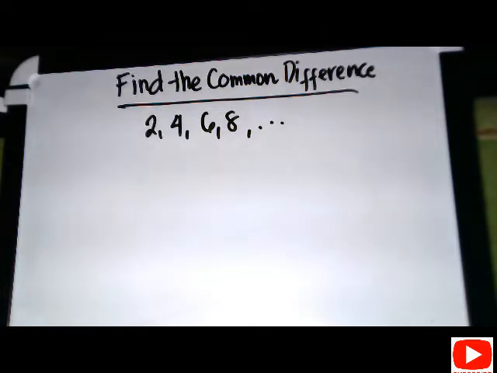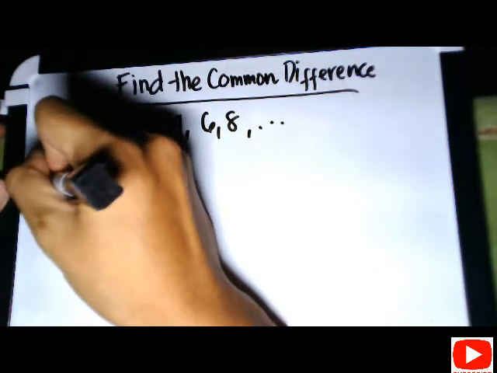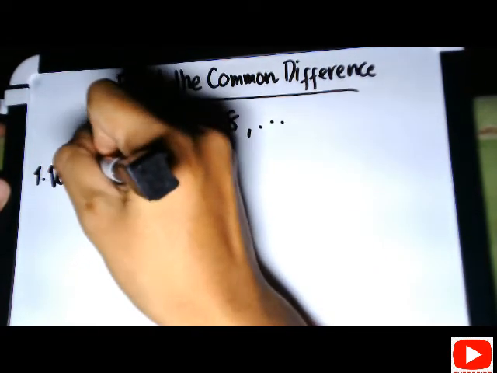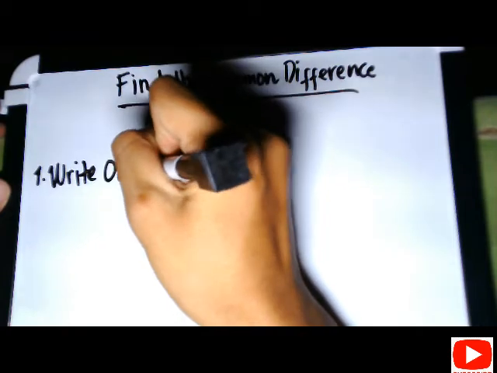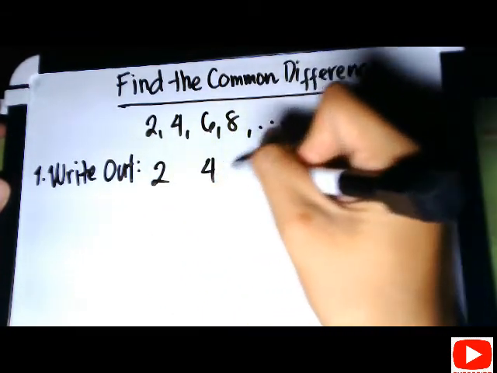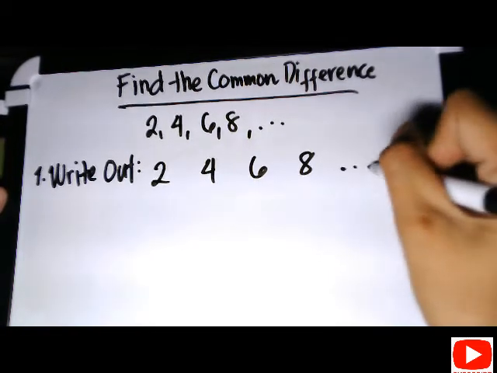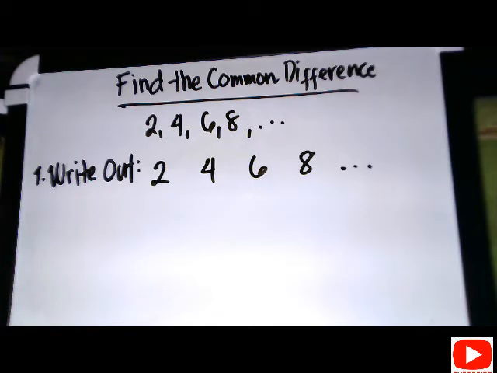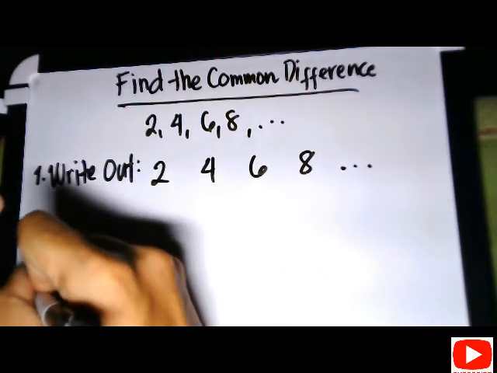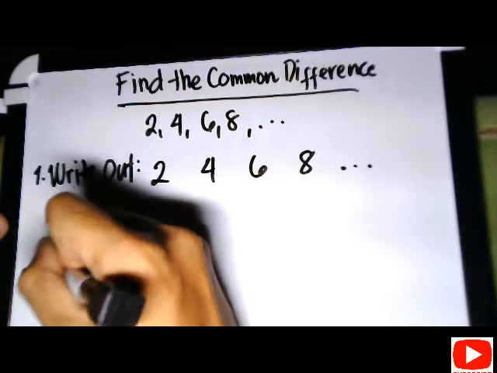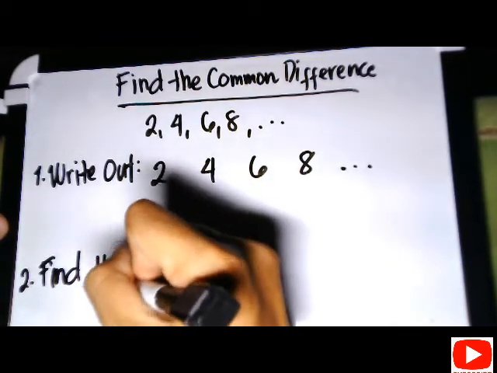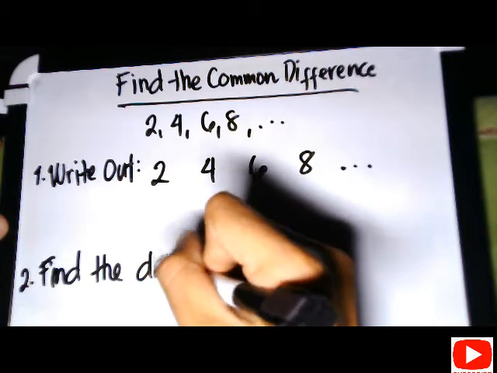Okay, this time let's find the common difference. For example, 2, 4, 6, 8, and so on. Now in getting the common difference, let's write out first the sequence. 2, 4, 6, 8, and so on. So let's find the difference.